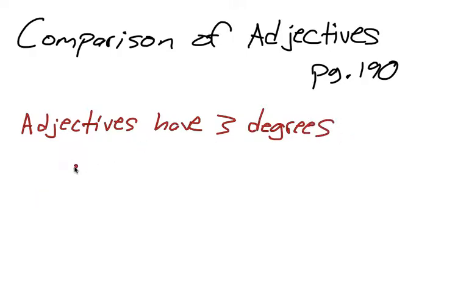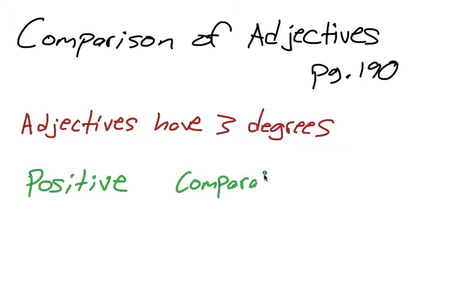Okay, and those degrees are called positive, comparative, and superlative.